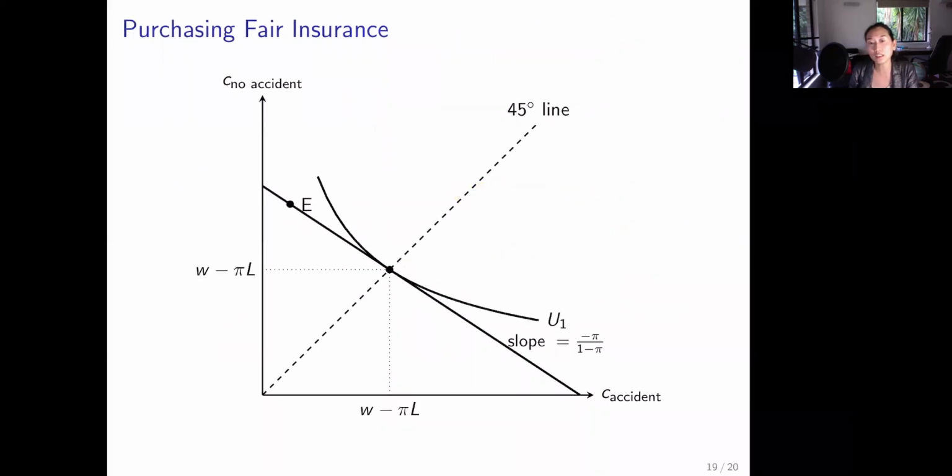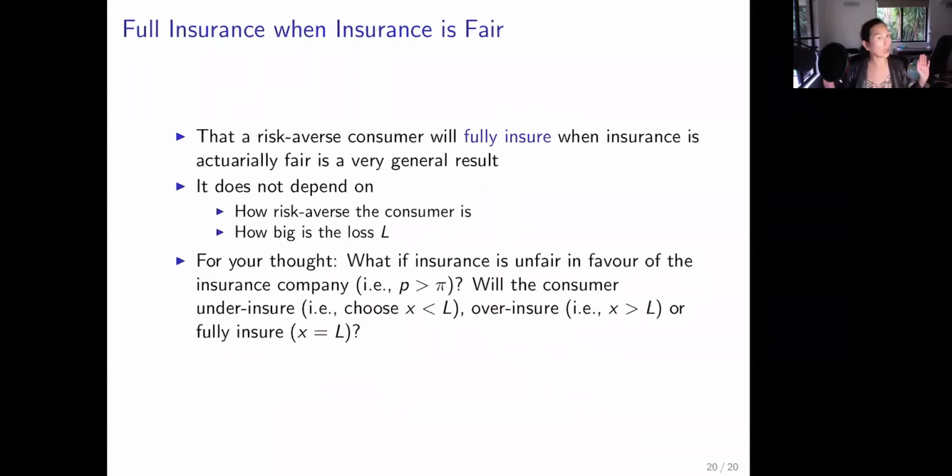We just know that anything along this line, the slope is pi over 1 minus pi. So it doesn't matter what the risk attitude of the consumer is. As long as P is equal to pi, the solution is going to be there, which means all three types of risk attitude consumers will choose to fully insure.